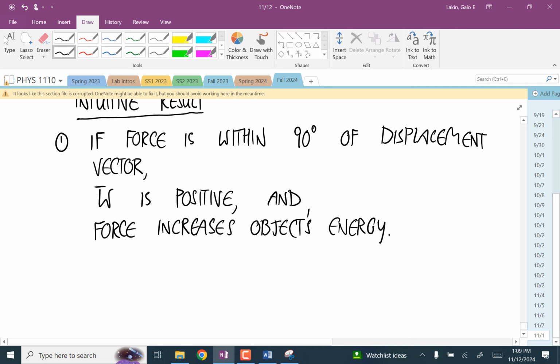The within 90 degrees thing just means they don't have to be the exact same direction, as long as they're roughly in the same direction, as long as they're closer to being in the same direction than they are the opposite direction, then that force is going to increase the energy. Okay? So like, for example, I can speed this up by applying a force, like think of the force direction as along my finger. Ooh, that's a lot of friction. Okay, so I'm not applying a force that's exactly in the direction it's moving, but it's more or less in the direction of motion, and so I'm increasing its speed, increasing its energy, okay?